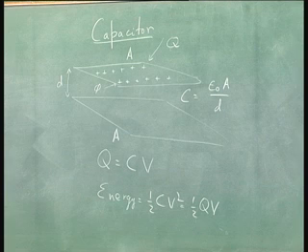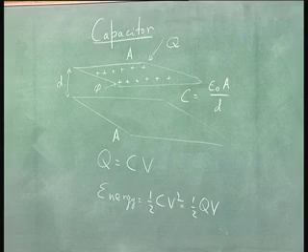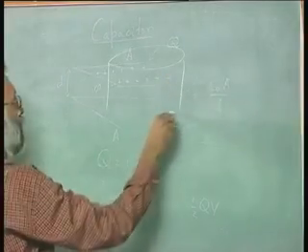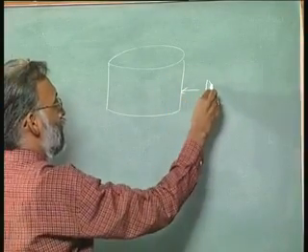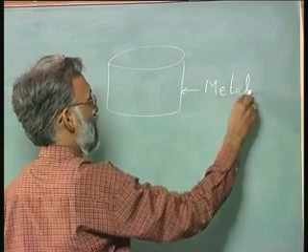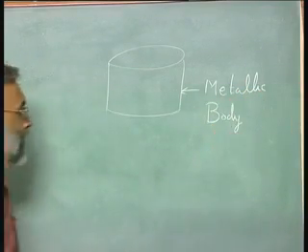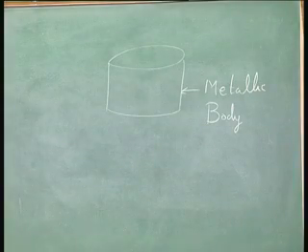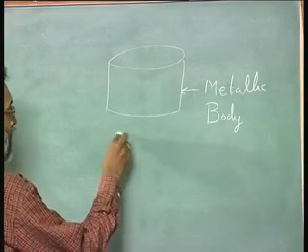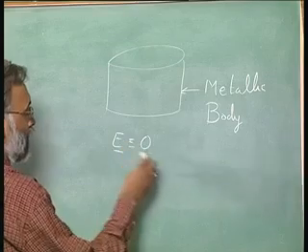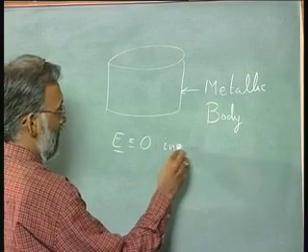I have one preliminary that I have to complete, so let us get that out of the way. Last time I had told you that if you have a metallic body, a conductor, then inside the conductor the electric field is equal to 0 identically.